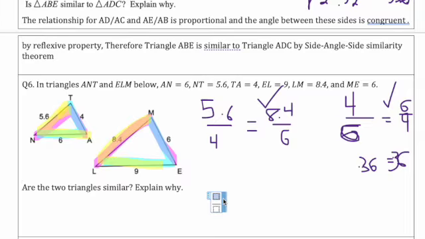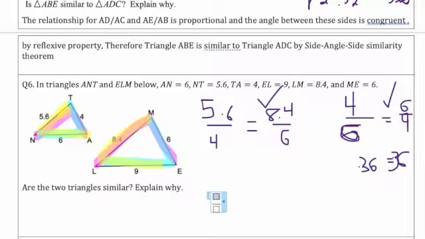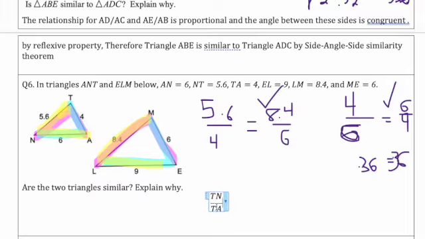All right, so we have TN over TA equals ML over ME.